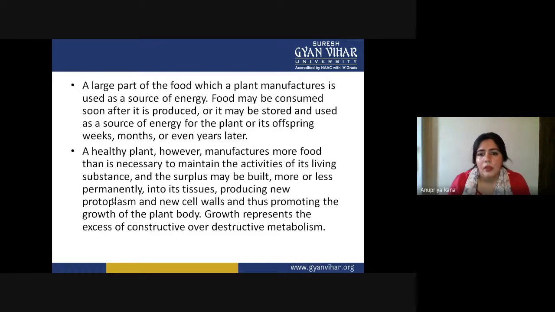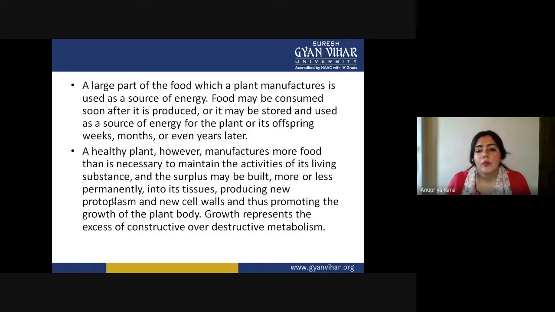Otherwise, if plants did not produce more food than their necessity, we would no longer have food to eat. So that's why we should be thankful to plants that they are making food for us too. They are not just thinking about themselves. They are also thinking about mankind, and about the ecology that is built together with them.